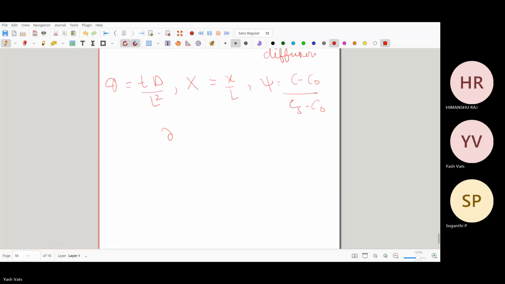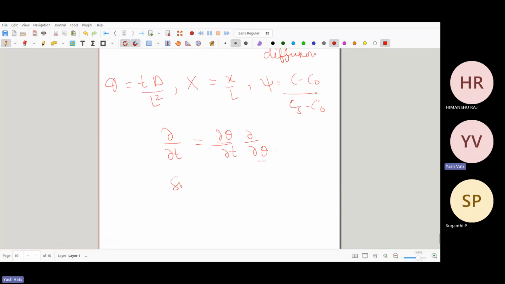Okay, so we can just write del over del t as del theta over del t, del by del theta. We can write this. So we just added this quantity del theta over here and there. Okay.